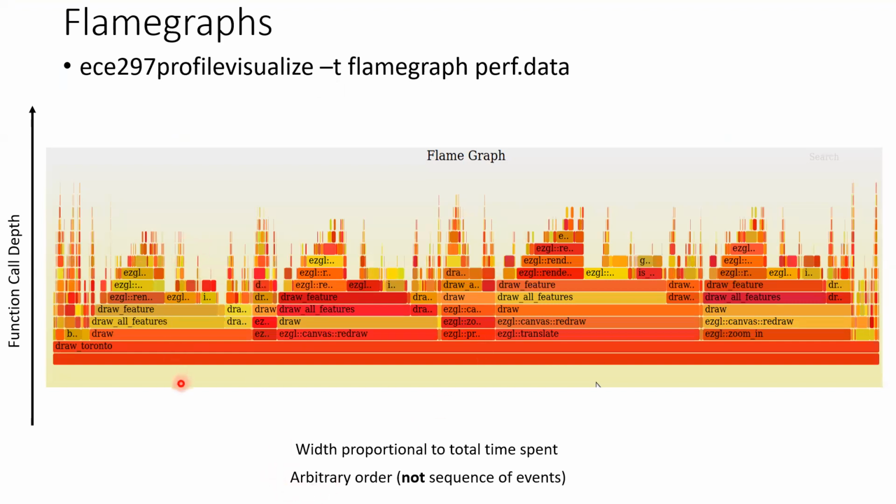This will show width proportional to the total time spent. So you will be able to see at each call depth, each function call, where time is spent the most. This is of arbitrary order, not the sequence of events, but it will show you approximately where everything happens in time and the proportion of each function.